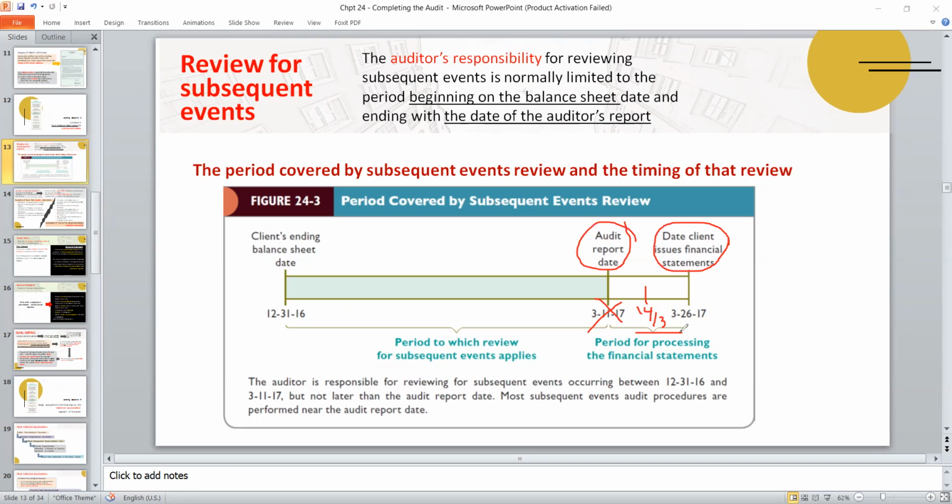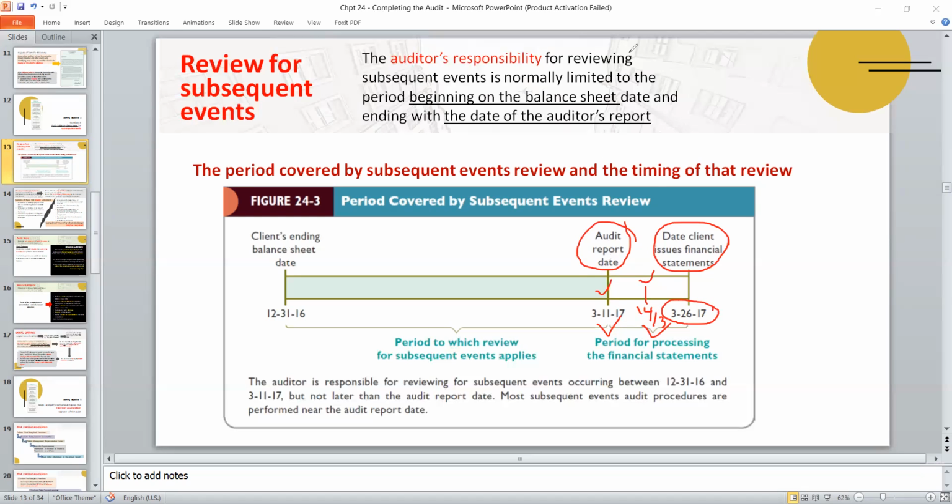The second option, you still keep this opinion, and you add another date for the subsequent event. So you have two dates of audit reports, 11 March and 14 March, before the audit report is issued.